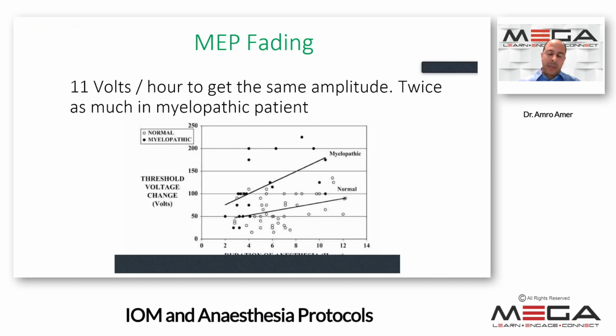Even if the patient is fine, nothing happened, but just from the accumulation of drugs inside the patient, even if we're using any drug, literally, there will be fading. And it's even worse with myelopathy. Myelopathic patients usually have bigger fading. We compensate that by increasing our intensity in a way that does not jeopardize the signal or make a false positive signal.